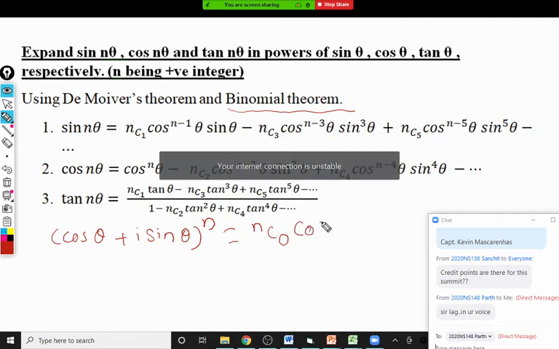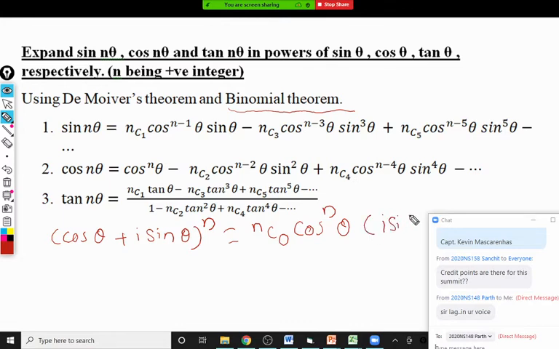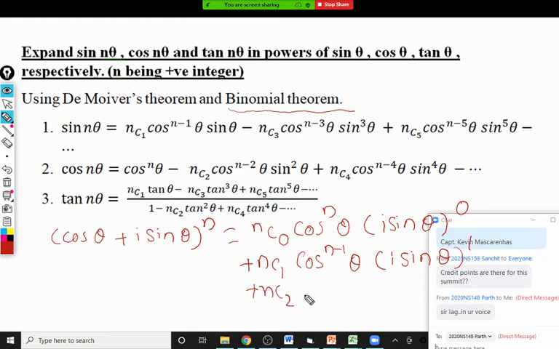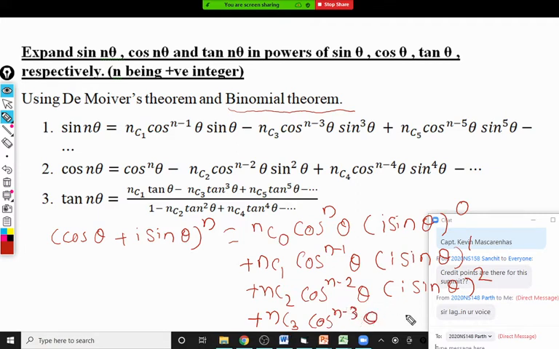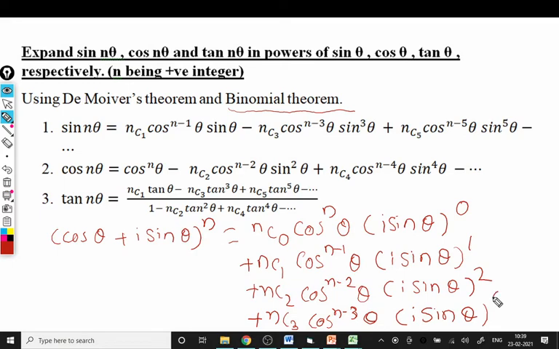It is nC0 cos^n θ (i sin θ)^0, plus nC1 cos^(n−1) θ (i sin θ)^1, plus nC2 cos^(n−2) θ (i sin θ)^2, plus nC3 cos^(n−3) θ (i sin θ)^3, and so on.